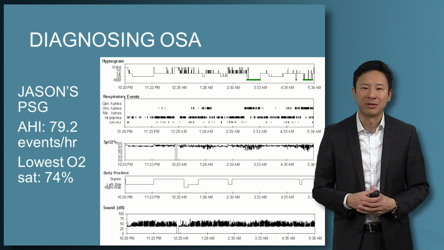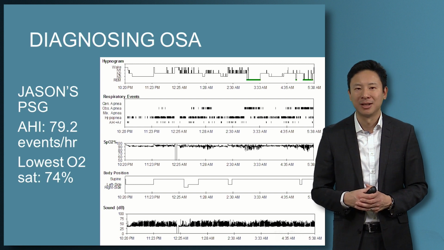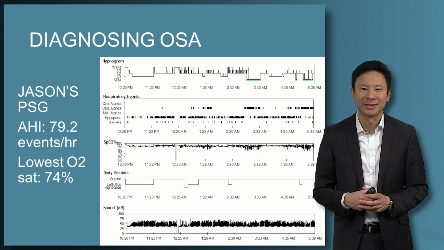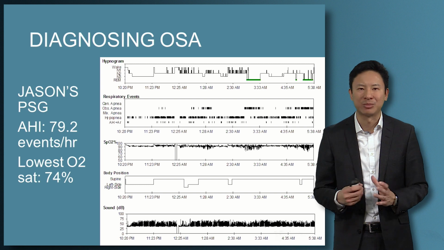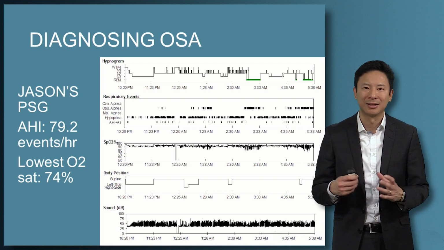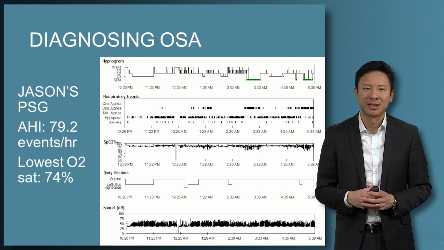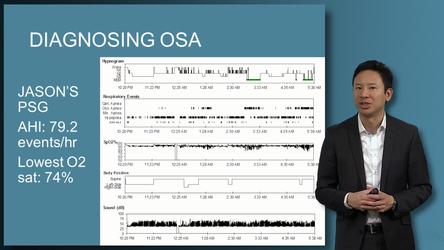When you get a polysomnogram report, this will show up on most report formats. There is usually a graphical summary page that looks something like this. This gives you sort of a snapshot of what happened during the night at a glance. On the top box is something called the hypnogram, which tells us when the patient was awake and when they were asleep.